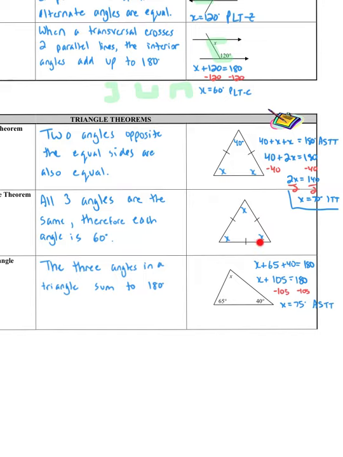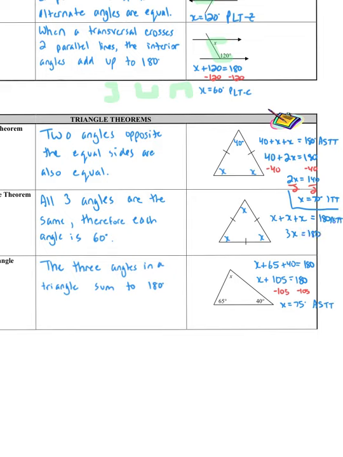So now going back to the equilateral triangle, we have 3 angles, each are the same. So x plus x plus x, or 3x, all 3 of those angles are 180 degrees because of ASTT.